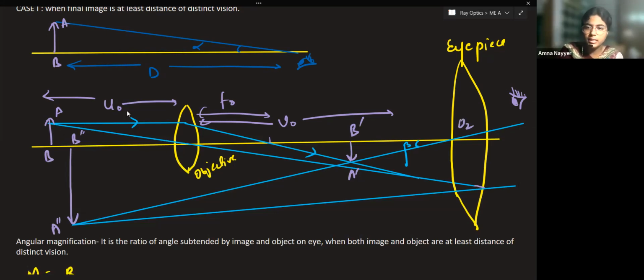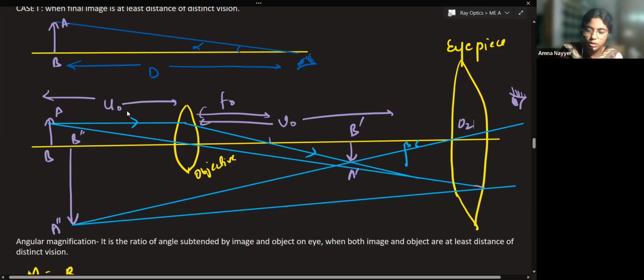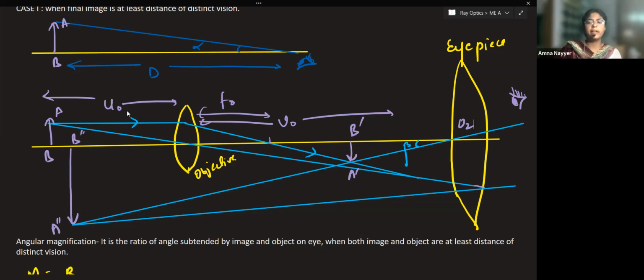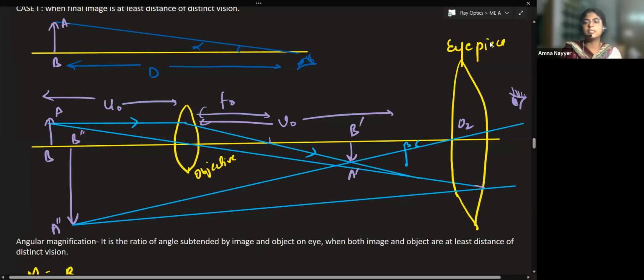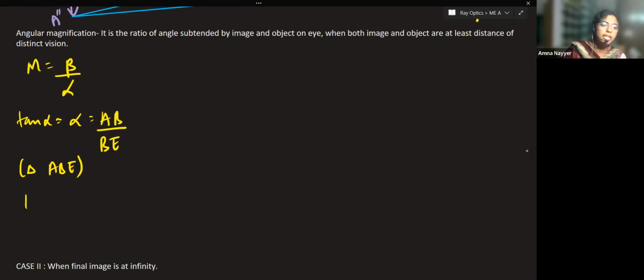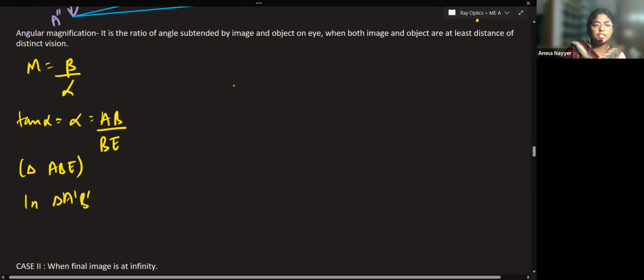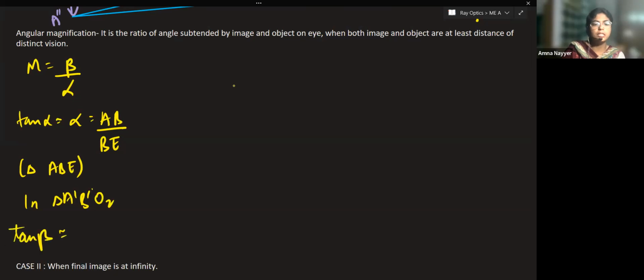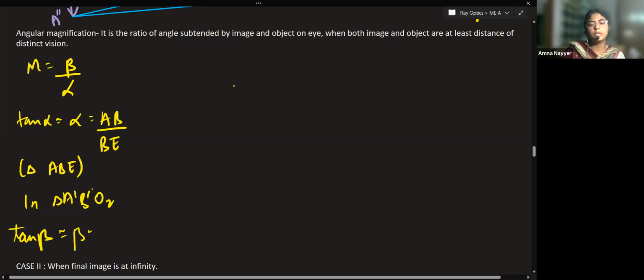Now, see, if you look at this smaller triangle, A dash, B dash, O2, here A dash B dash divided by B dash O2 will give you tan beta. Tan beta will be what? Perpendicular divided by the base. So in triangle A dash B dash O2, tan beta will almost be equal to beta. It will be equal to A dash B dash divided by O2 B dash.